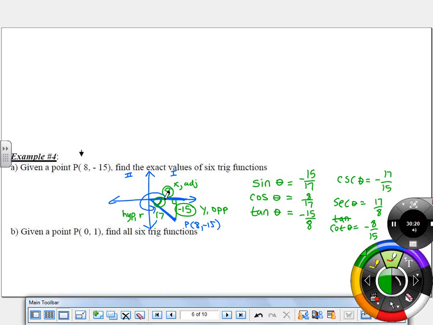Okay? All right, what about if they give us a point like 0, 1? Okay, so this is why it comes in handy to know the x, r, y stuff, because if they give you the point 0, 1, how is this different than the last one that we did? It's on the axis, so can you even build a triangle? 0, 1 is right here.